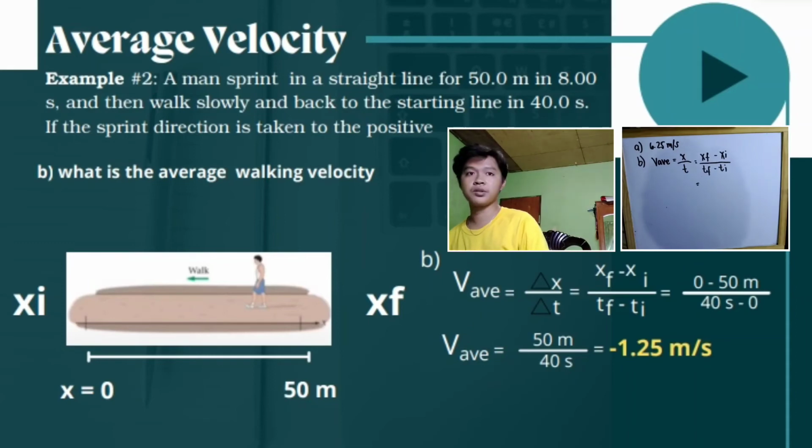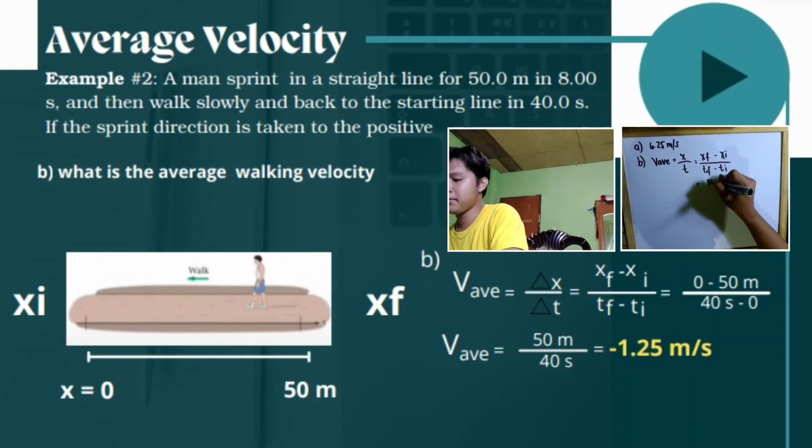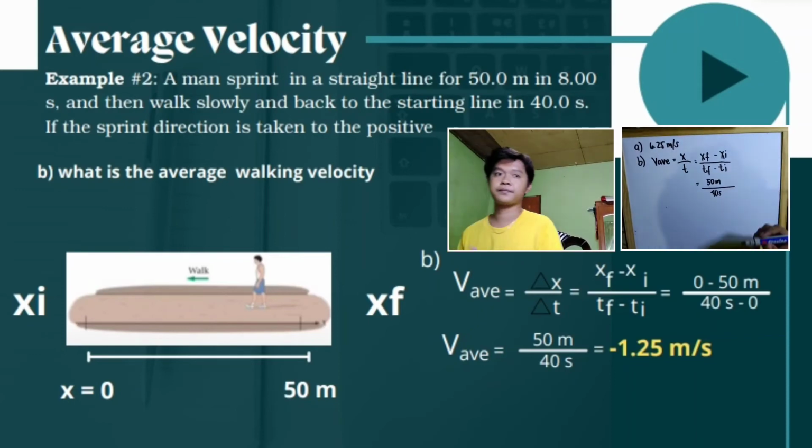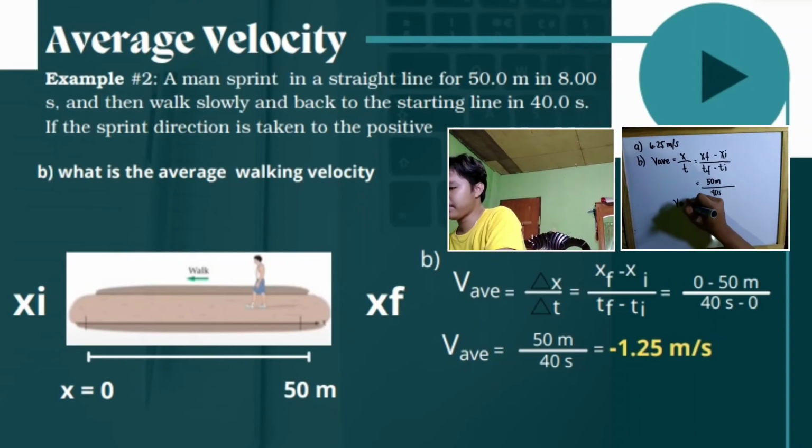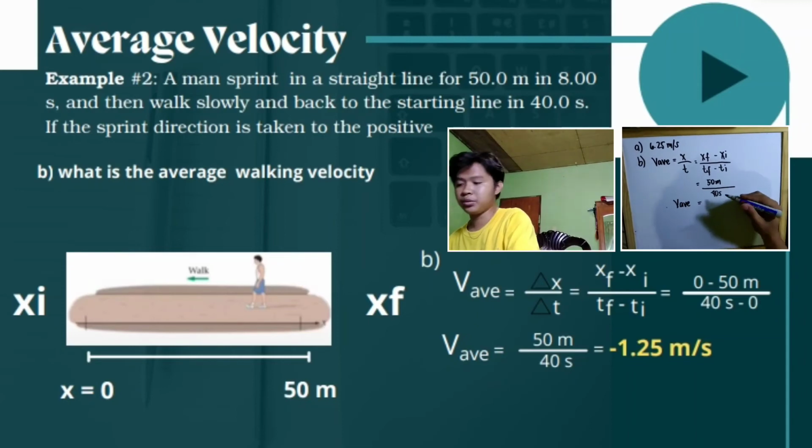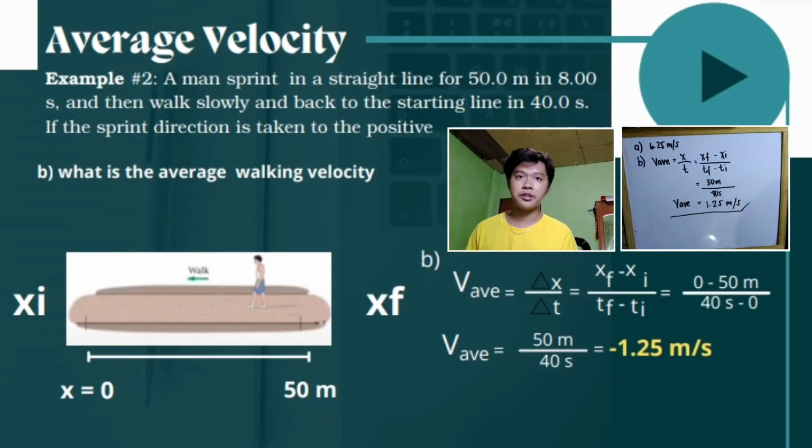So, substitute. Our final position is 50 meter over 40 seconds. So, do the math. V average is equal to 1.25 meter per second. Here is the answer for letter B.